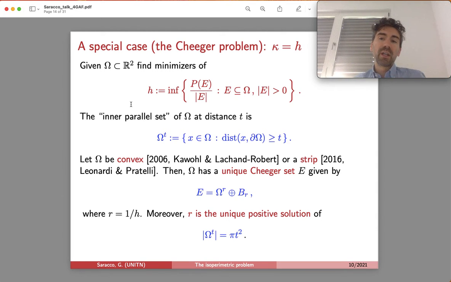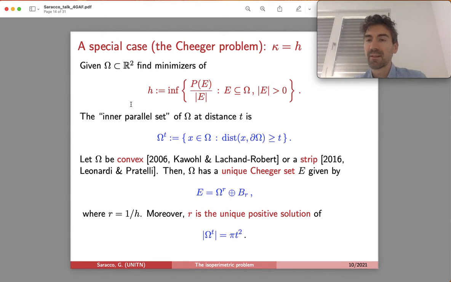Okay, so if your set is either a strip or convex, then we know there exists a unique Cheeger set, so a unique minimizer of this ratio, and it has a very nice geometric property: this set E is the Minkowski sum of the inner parallel set at distance r with a ball of radius r.